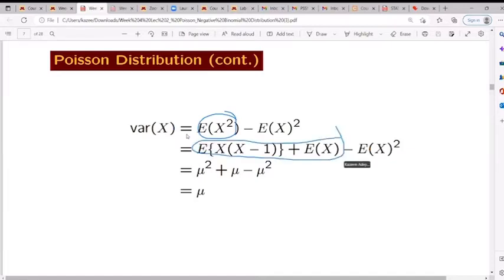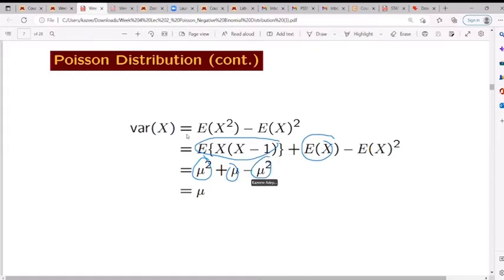And of course, all I'm going to do is to plug in the expected value of S into S minus 1 that I got, and the expected value of x. For this guy, we got a mu squared, and the expected value of S is mu, and the expected value of S squared is actually that guy. And this guy now cancels that guy. And what do we have? We got a mu now.